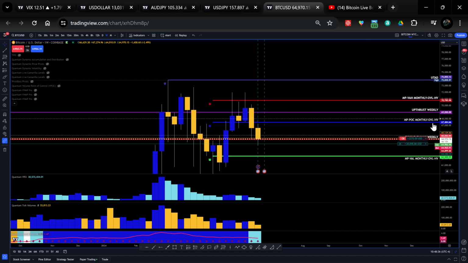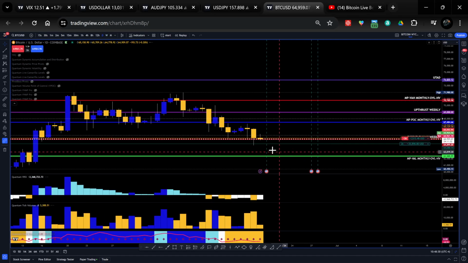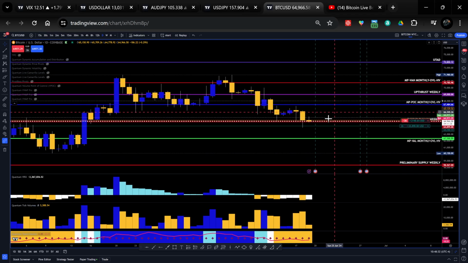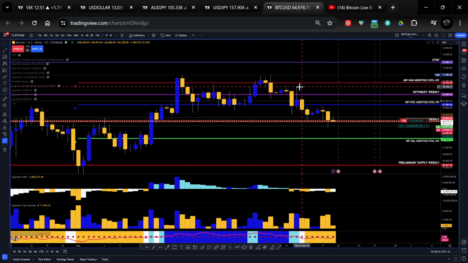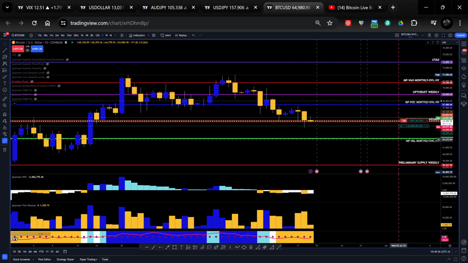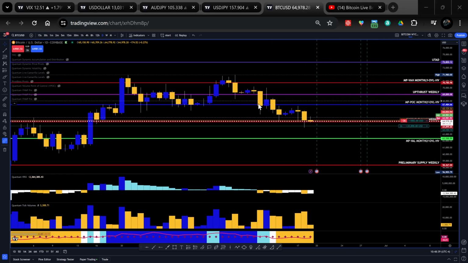So we're starting to get a little breakdown here, but let's go down to the daily, right? So after this retest right here, we had this breakdown candle, a little buying came back up, thought we were gonna get the reversal right there at the POC, and that just retested the breakdown level, right?